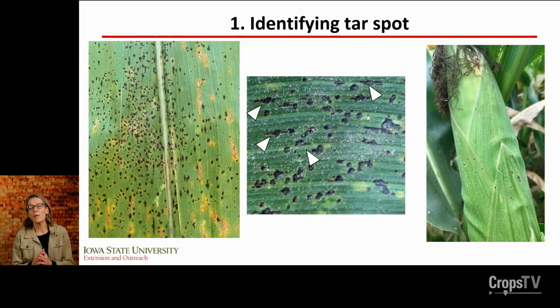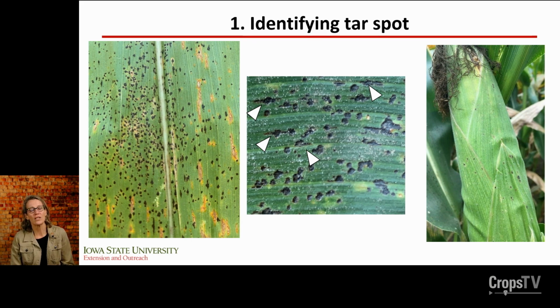Right, so let's talk about identifying tar spot. By now, I'm sure that many of you who are watching this episode have probably seen tar spot. But for those of you who haven't, pretty easy to diagnose on a leaf. It just looks like spots of tar that have been splashed onto the leaf.